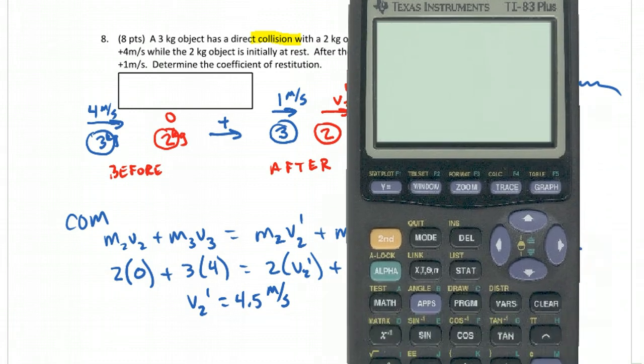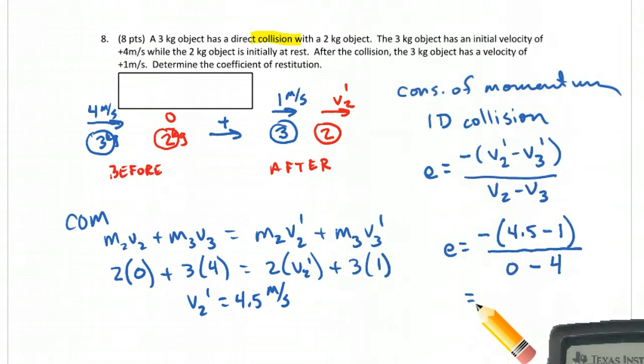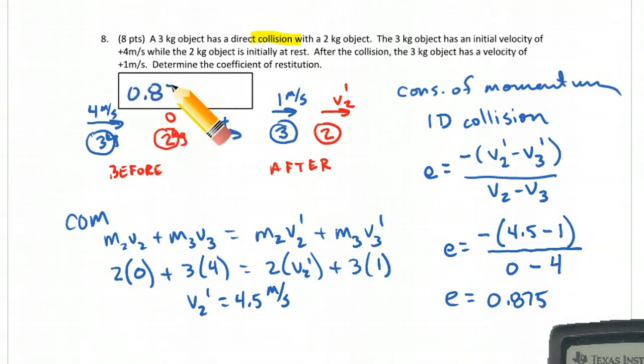I don't know what that is in my head. 0.875. E is unitless. It's a ratio of velocity over velocity. So no units. 0.875.